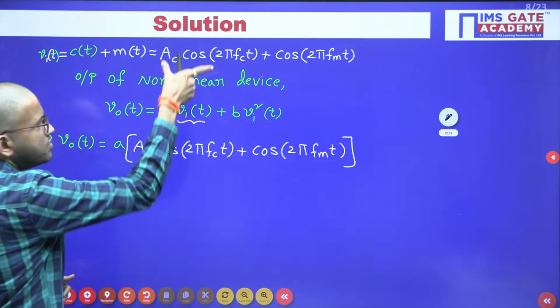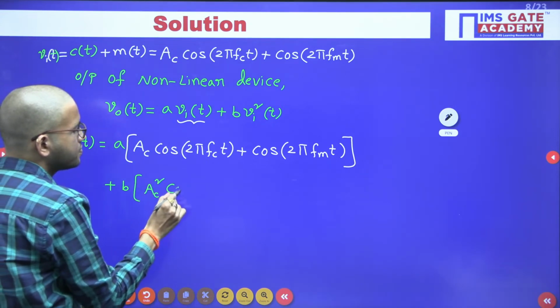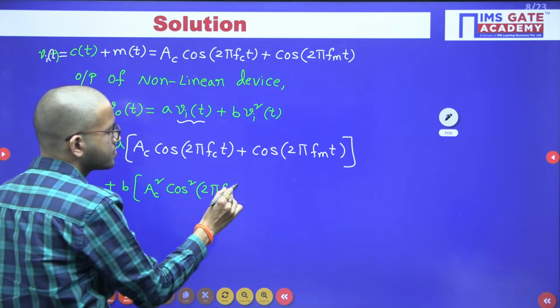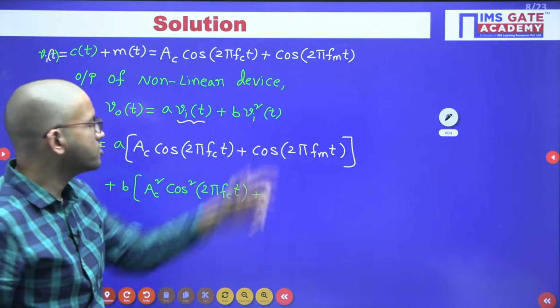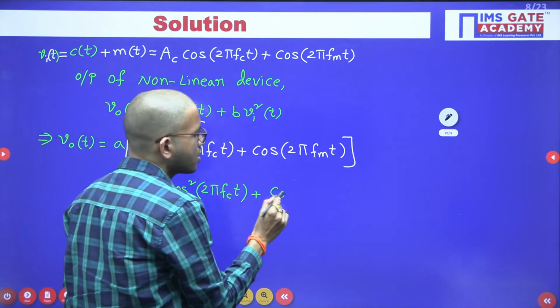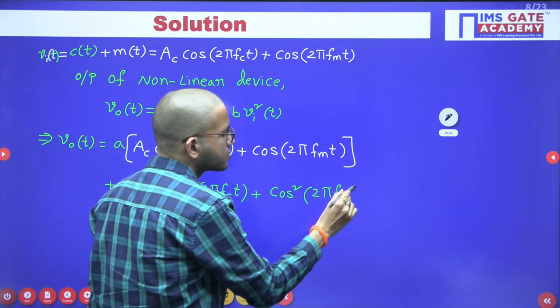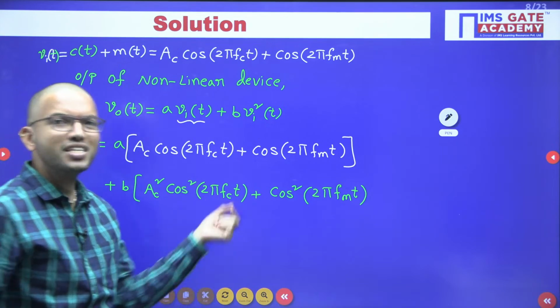So that means first term square: AC square cos square 2 pi fct, that is the first term square, plus second term square is nothing but cos square 2 pi fm t. x square plus y square plus 2xy.